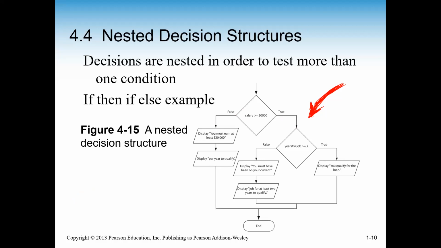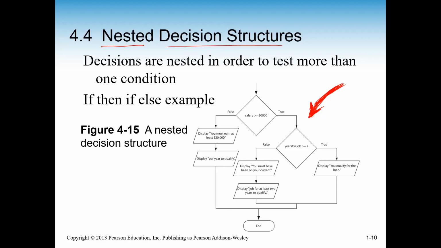All right, so anyway, let's talk a little bit about nested decision structures now. These will be a little bit more complex. We'll certainly do at least one example of this in the lab on Thursday. It's basically when you have more complexity in your decisions.